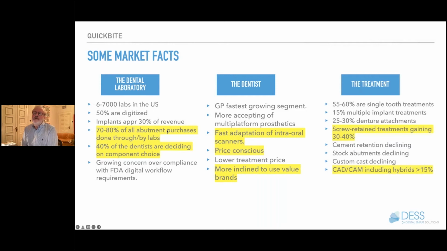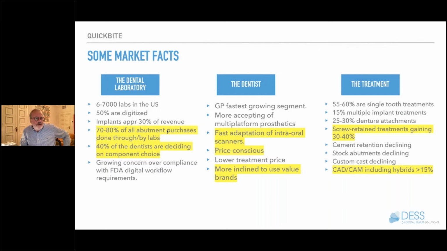Also, when it comes to the treatments, we see about 55 to 60% are single tooth treatments. 15% are multiple implant treatments, and denture attachments of some kind, whether it's a fixed full prosthesis or overdentures, are also a pretty significant number.